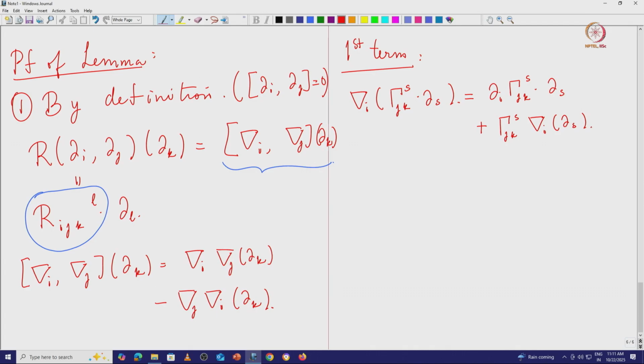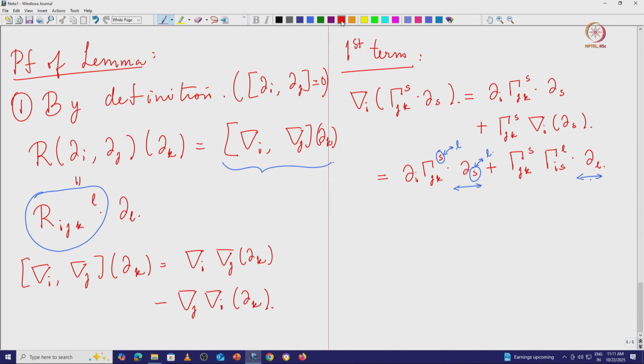Again, the covariant derivative of del s can be expressed in terms of Christoffel symbols. So that's del i gamma jk s del s plus gamma jk s gamma i s l del l. Okay. So now I want to combine these two terms. So I simply change the s index here to l. I mean, this is just some index, right? So I am free to rename my indices.